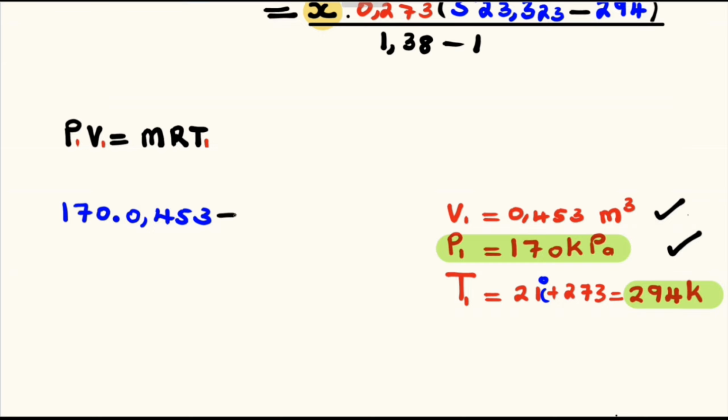We have to determine the mass, and the gas constant was equal to 0,273 from question 1.1, and temperature 1 is equal to 294 kelvins.